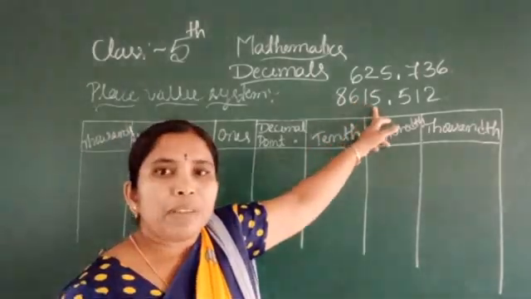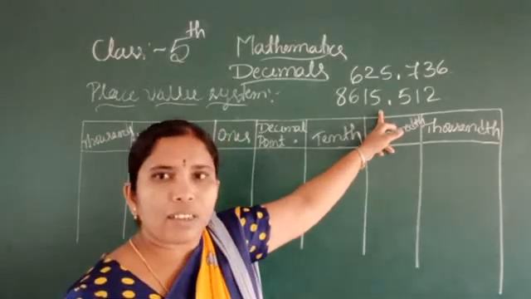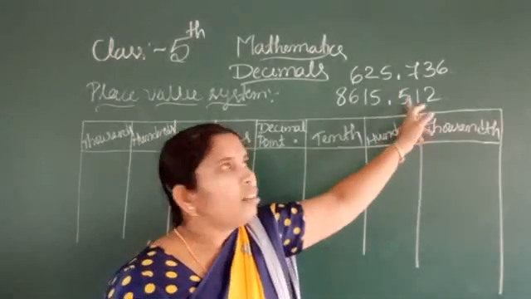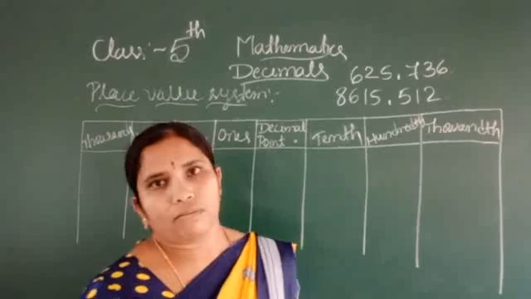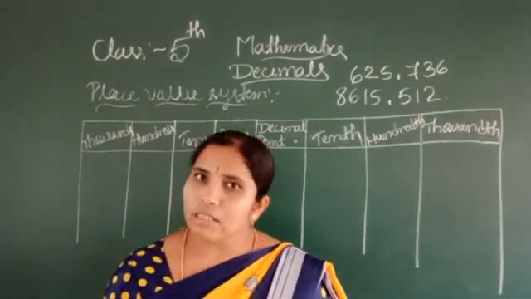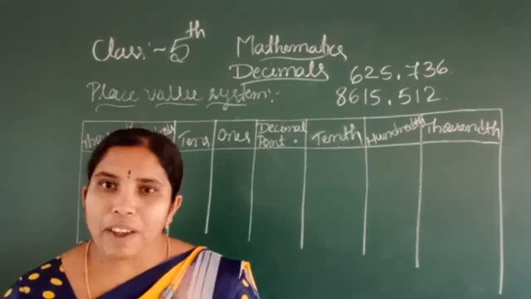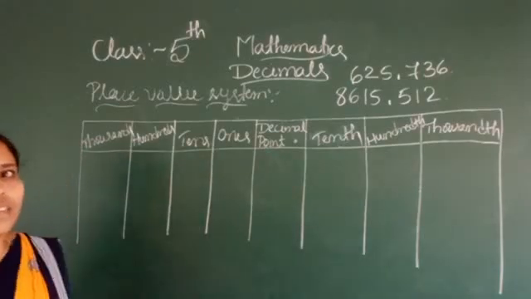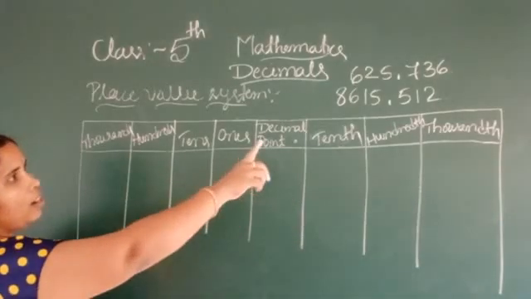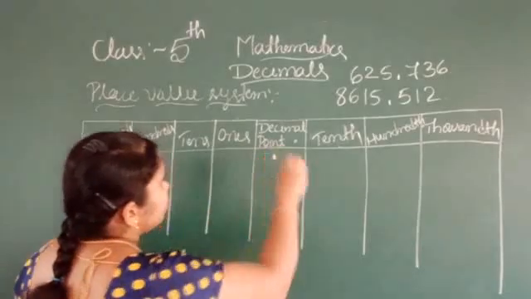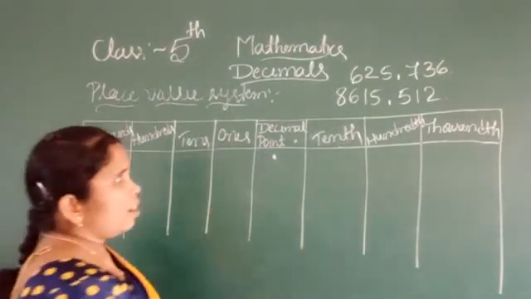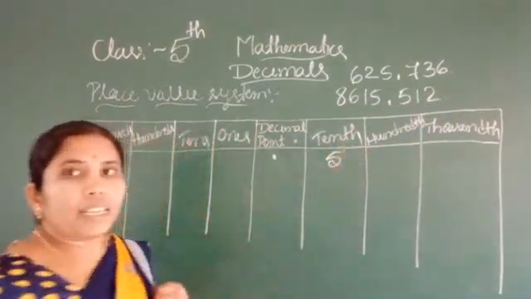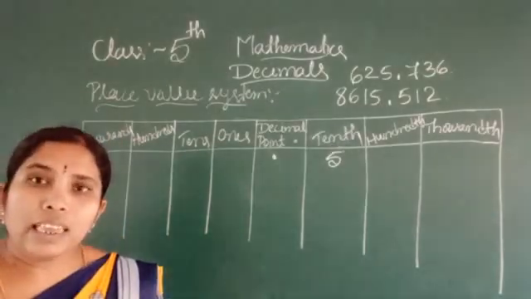Don't read 512 like that. Do you understand? See, 8615.512. First put the decimal point. On the right side of the decimal point, the first digit, write in the tenth place, not tens, tenth place.